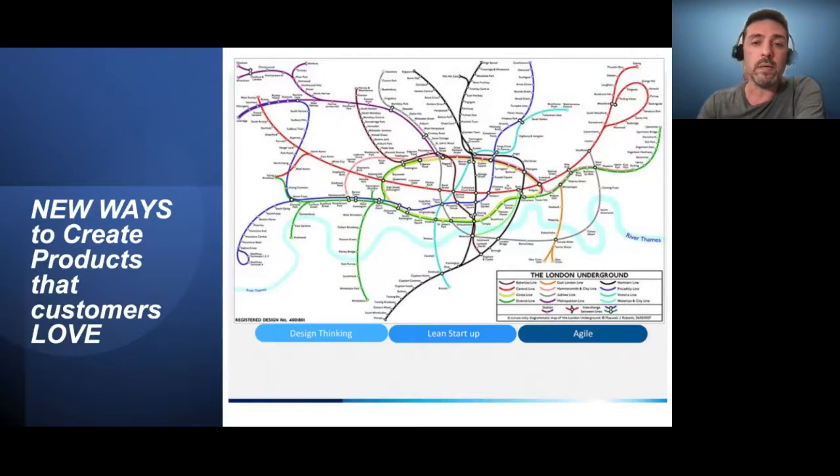But all these methodologies are there to help us, and all of them at certain points along the way, not as neat as we saw before, but on a more as-needed basis, will help us to get there.